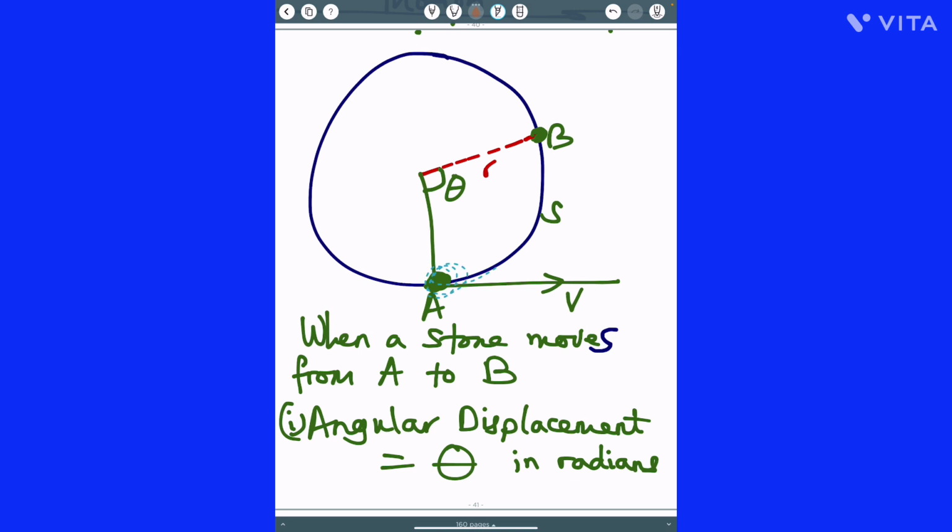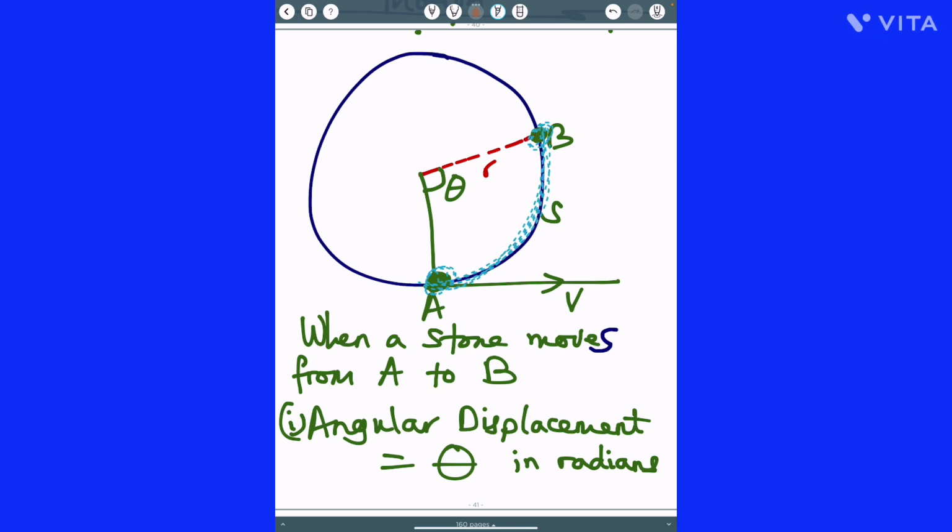But if you stretch this arc AB that it has formed into a long length like this, and you measure that length on a meter rule or on a tape, that will give you the distance traveled by the object from point A to B. So the distance traveled is the length of arc drawn when an object moves from one point to another on the circumference of a circle.